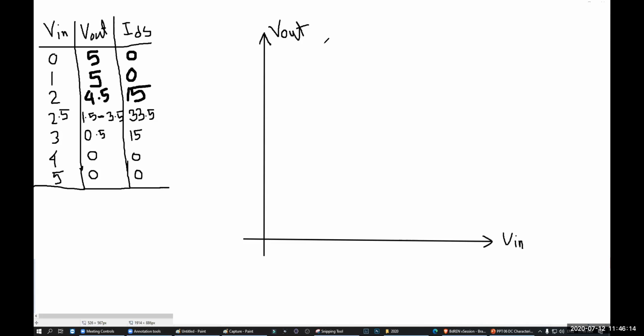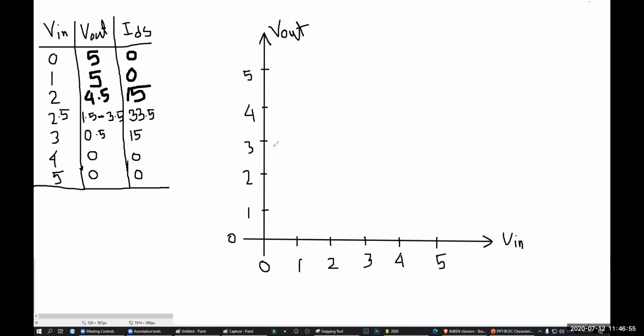Now your V in will have 0 to 5: 0, 1, 2, 3, 4, 5. Your output will also have 0 to 5. So let's write 0, 1, 2, 3, 4, 5, and 0, 1, 2, 3, 4, 5.